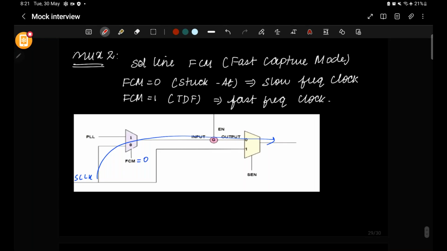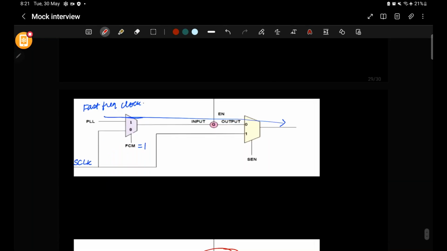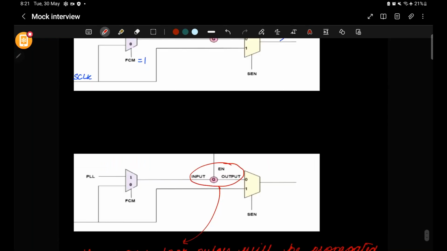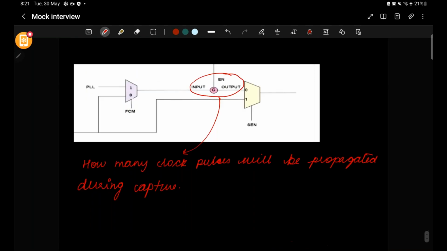If it is TDF, then fast frequency clock will be propagated. And this clock gator decides how many clock pulses have to be propagated during capture. Okay. So the complete structure of OCC, you can go through; just one block I have told. Okay.